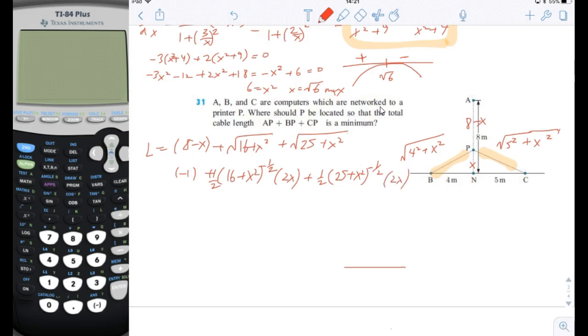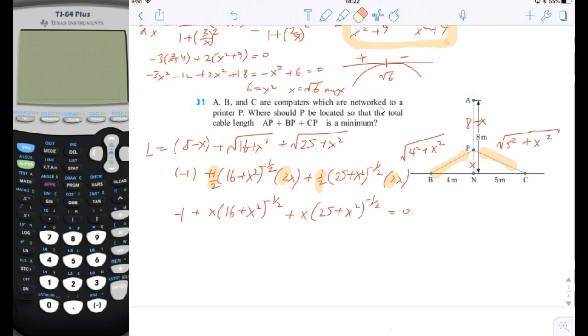And then 1/2 and 2 cancel, 1/2 and 2 cancel, so we have -1 plus X times 16 plus X squared to the -1/2 plus X times 25 plus X squared to the -1/2. Okay, and then we want to know when this is equal to 0.